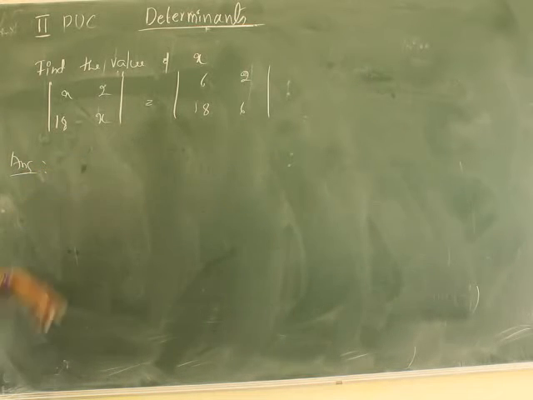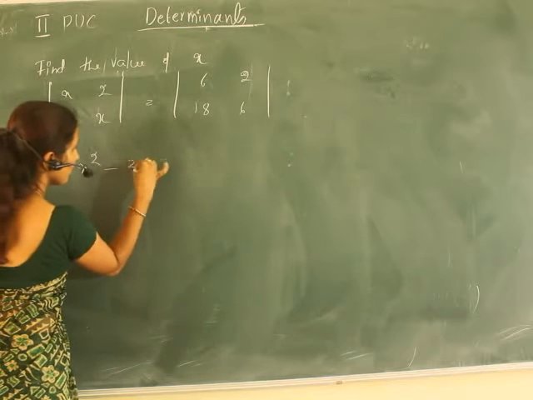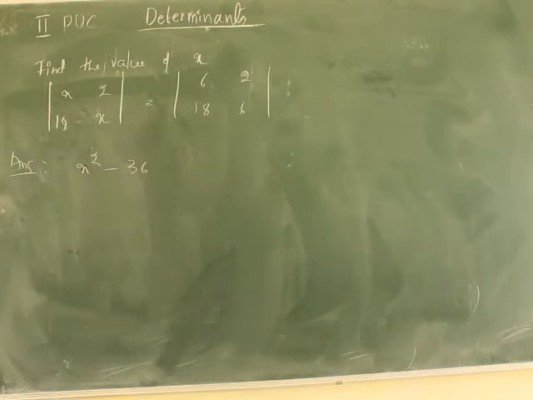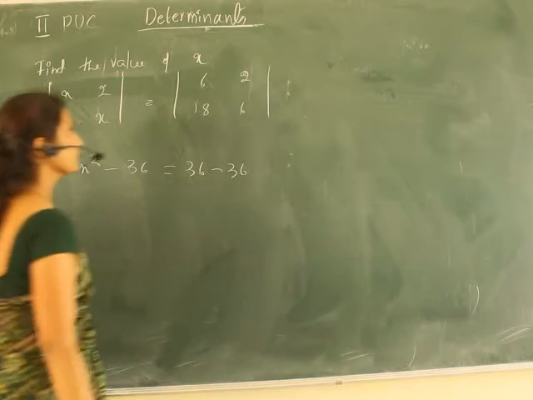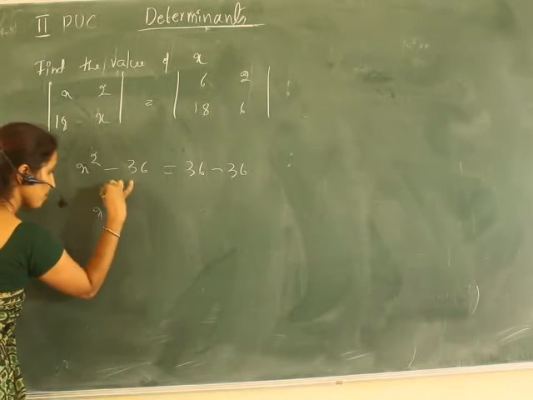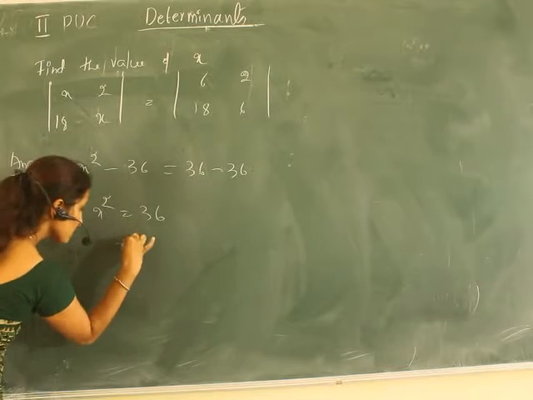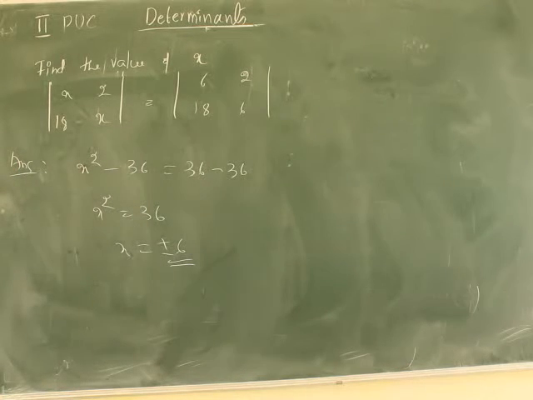So x into x is x square minus 36. x square minus 36 equal to 36 minus 36, so we get x square is equal to 36, x is equal to plus or minus 6. X is not 6 always. X is equal to plus or minus 6.